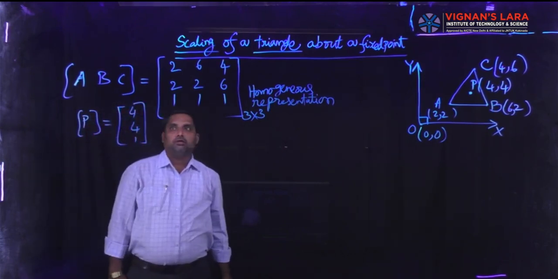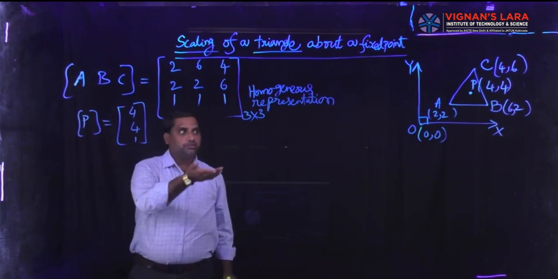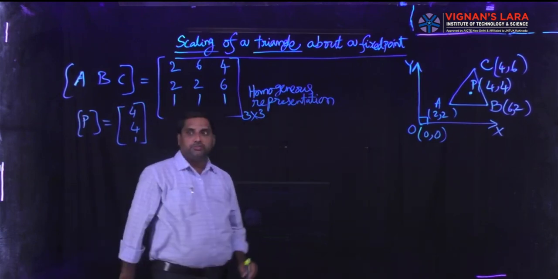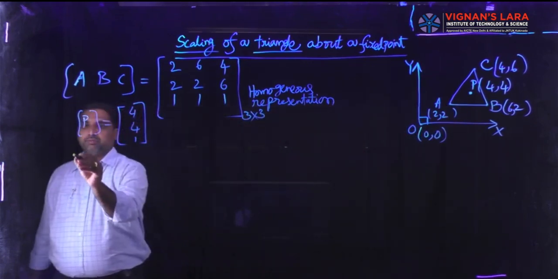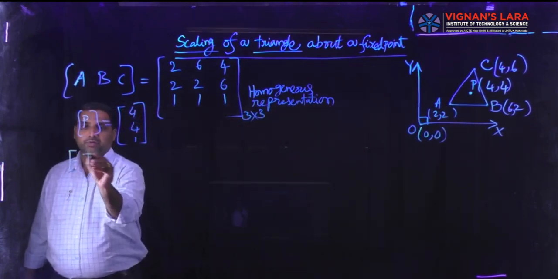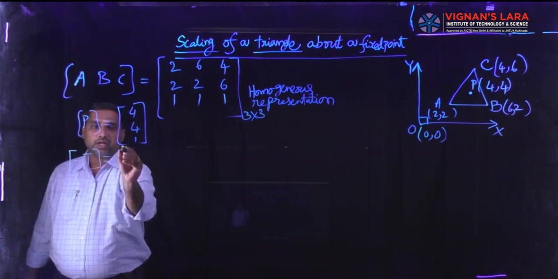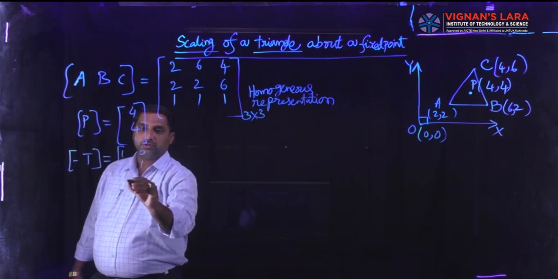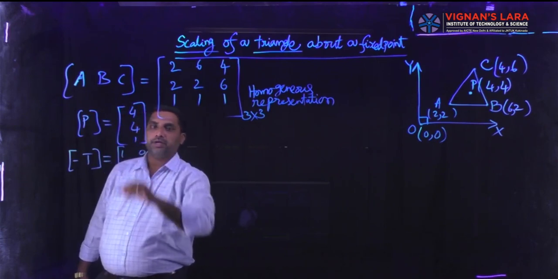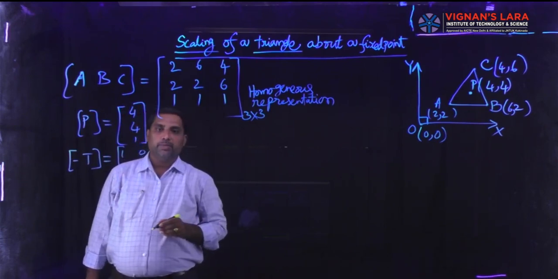Now first we have to do the negative translation. That means we bring this point P to the origin. Step one, negative translation. You know the translation matrix: 1 0 0, 0 1 0, and here we need minus tx and minus ty.